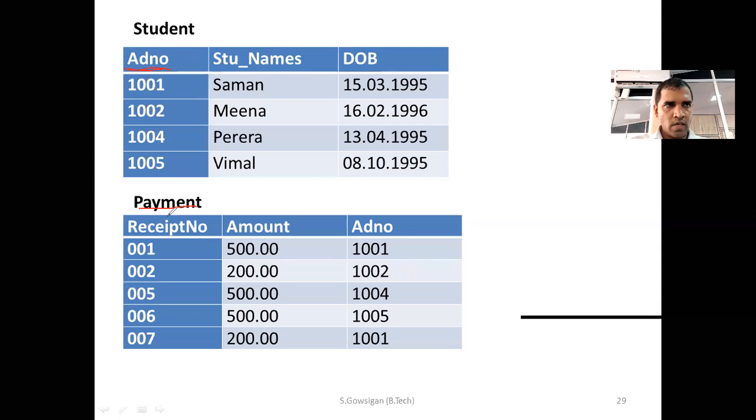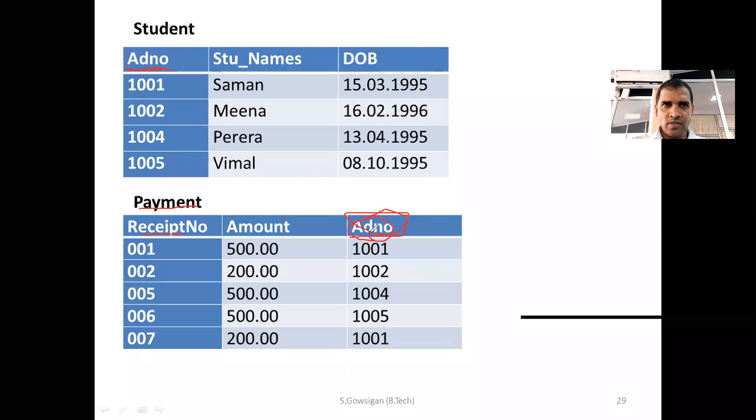Now my question is, what is the primary key of the payment table? This is another table. So what is the primary key? Receipt number. Can we select admission number as primary key in the payment table?